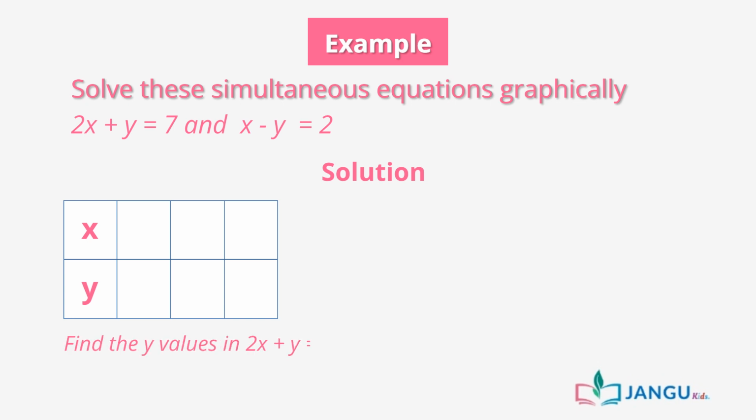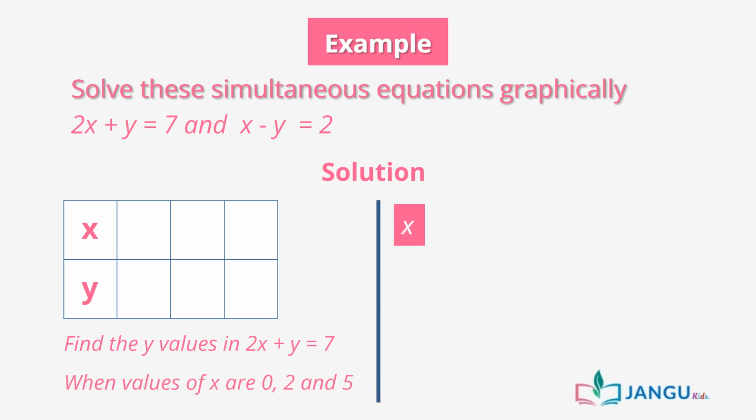To find y values in 2x plus y is equal to 7, we substitute a series of x values into the equation. Let's assume that the values of x are 0, 2, and 5. When x is equal to 0, y is equal to 7 minus 2 times 0, which is equal to 7.